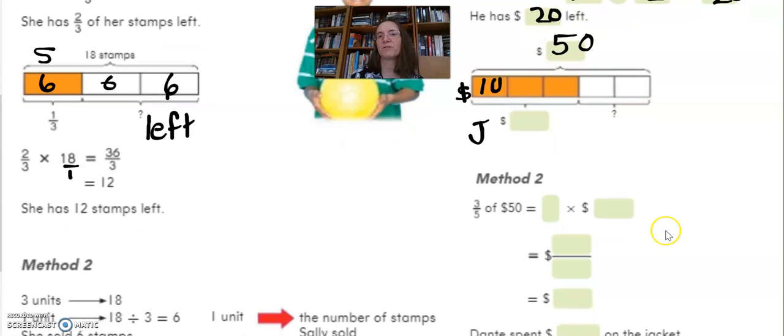I like that method. I like drawing it out like this. Let's look at method number 2. They say let's figure out 3/5 of 50. And to do that, we would put 50 over 1. Now 3 times 50 is 150, and 5 times 1 is 5, and that would be the same as 150 divided by 5.